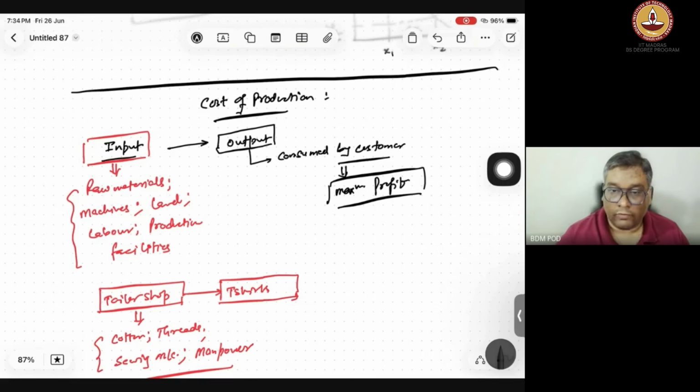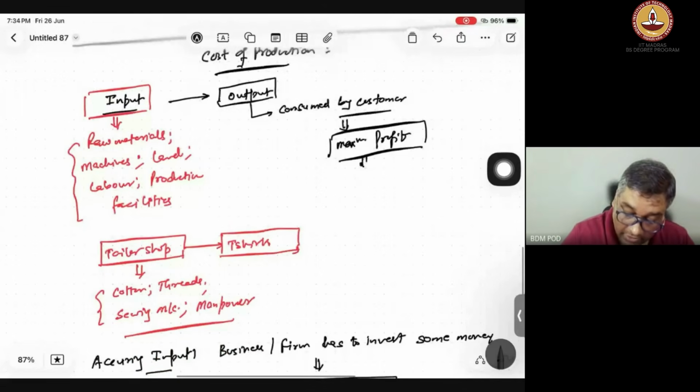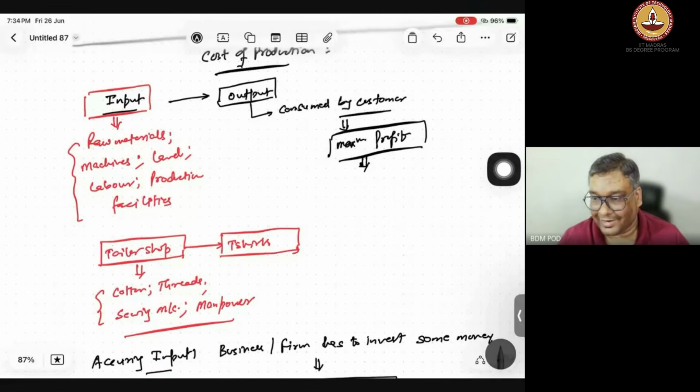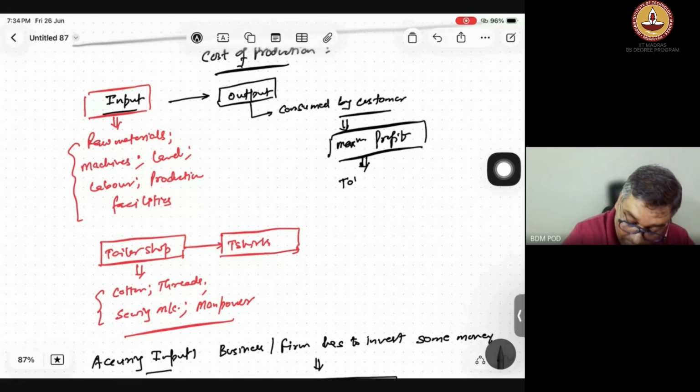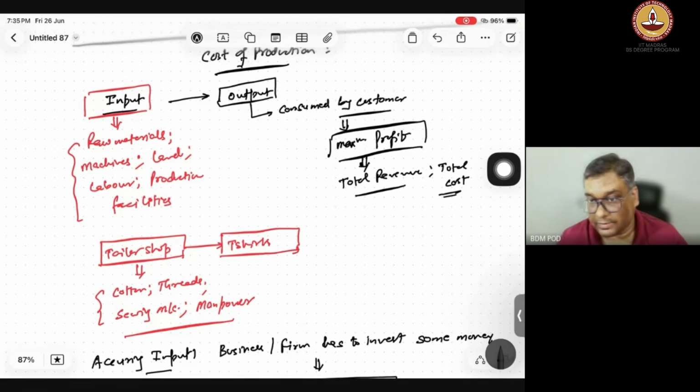Okay, so when you want to maximize the profit, the first requirement is to understand the cost associated, right? You need to know your total revenue and then your total cost of production.